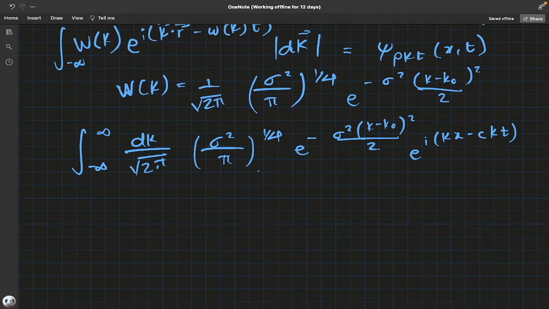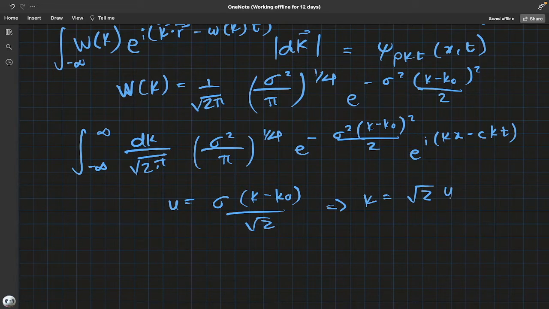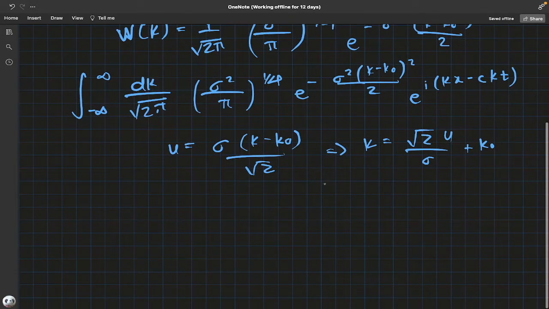Anyways, much said. We have this bit here. Let me redefine this: sigma (k minus k naught) over root 2 is u. So k is square root 2 u over sigma plus k naught, and du is sigma over root 2 dk.